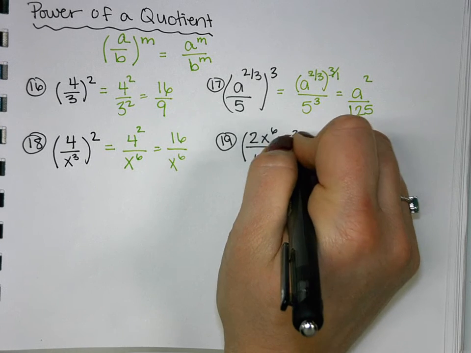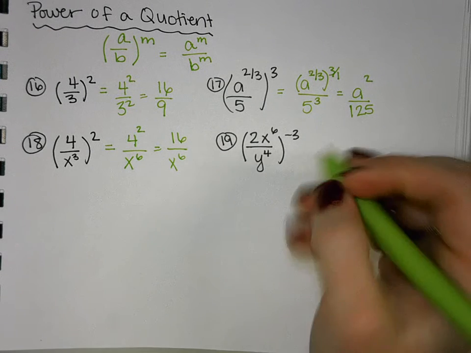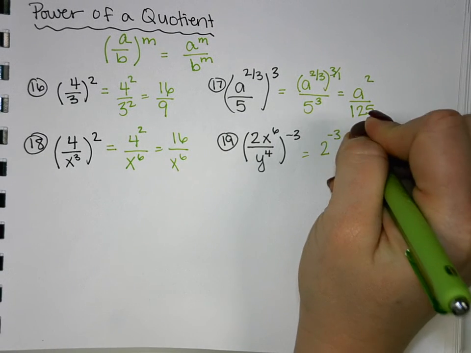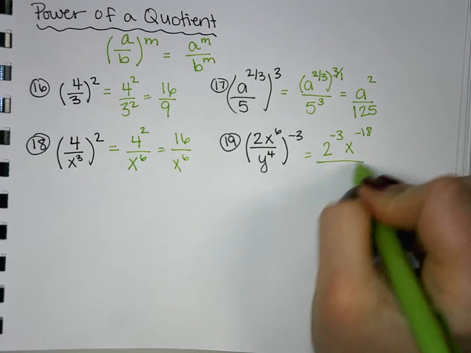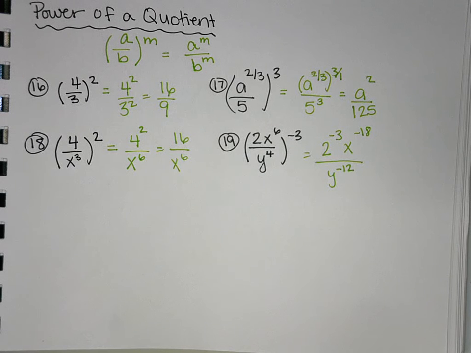It's usually like 3 or 4 of them at a time. 2 to the negative 3rd power and x to the negative 18th power over y to the negative 12th power. Good. So put that -3 to everything on both the top and the bottom.